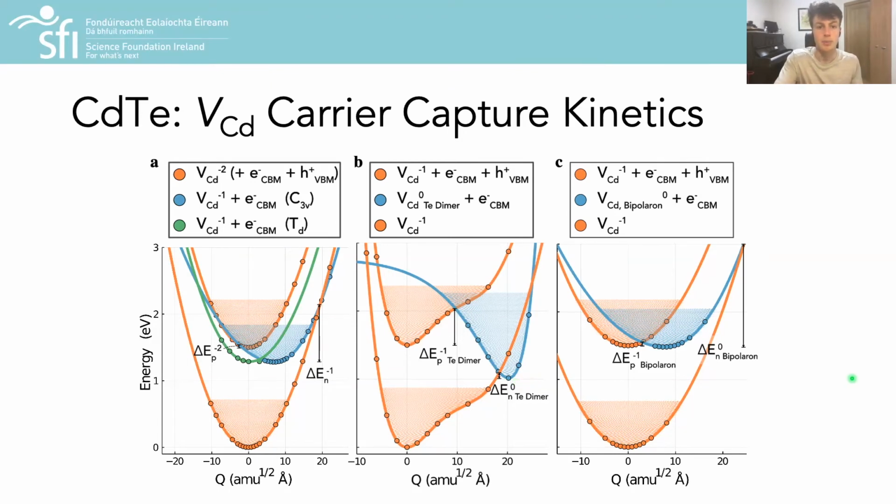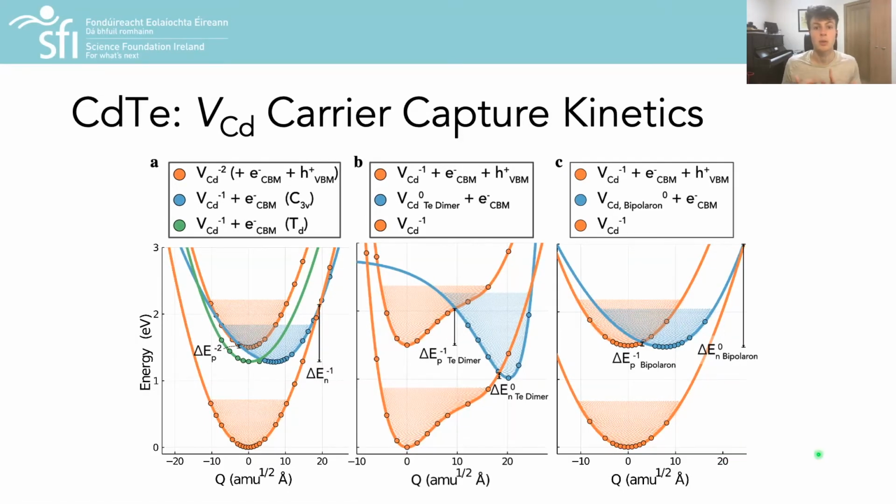Looking at the -1 and neutral bipolaron transition, we witness inverse behavior. So a tiny energy barrier for hole capture into the neutral bipolaron state, but a large barrier to electron capture from the neutral bipolaron to the -1 charge vacancy.